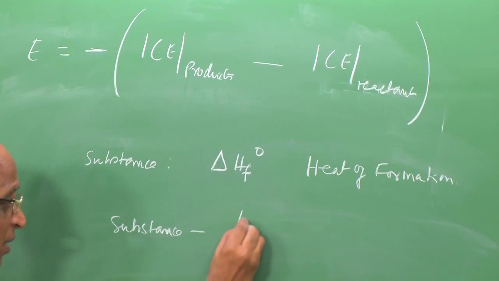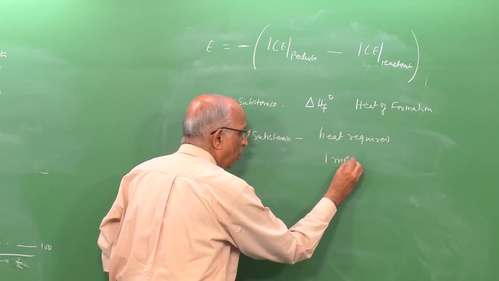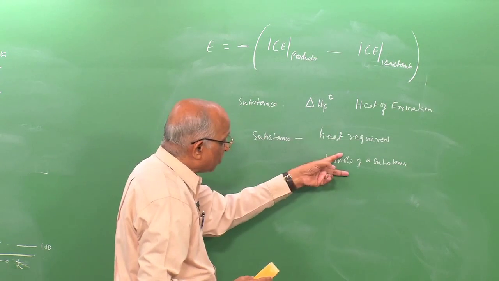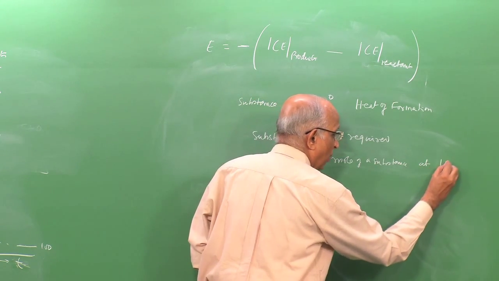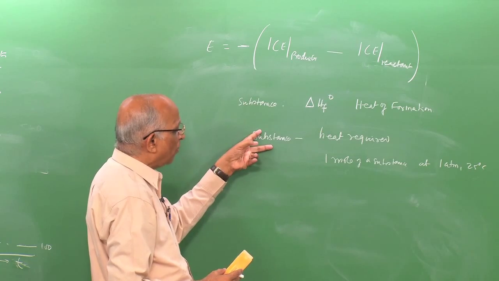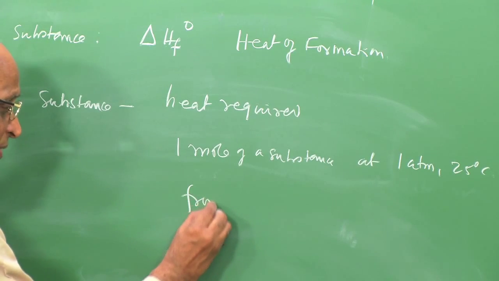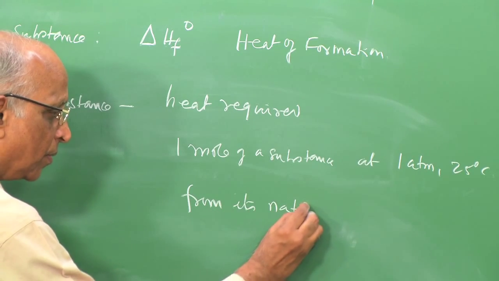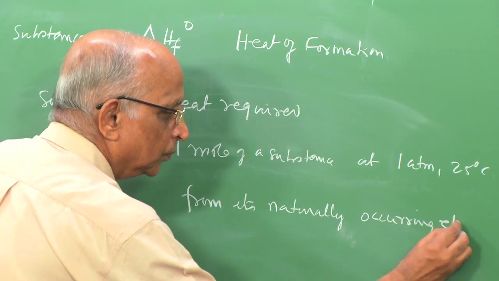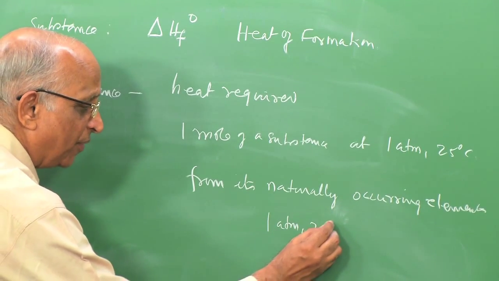is the heat required to form 1 mole of a substance at standard condition, that means at 1 atmosphere pressure and 25 degrees centigrade, from its naturally occurring elements, again at 1 atmosphere and 25 degrees centigrade.